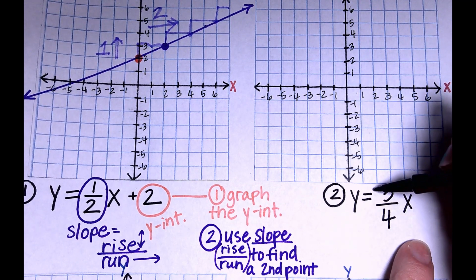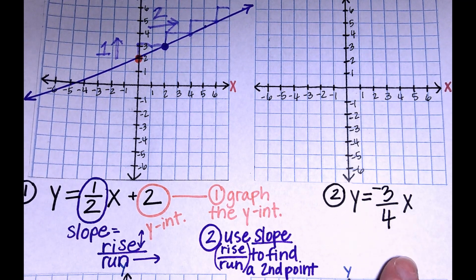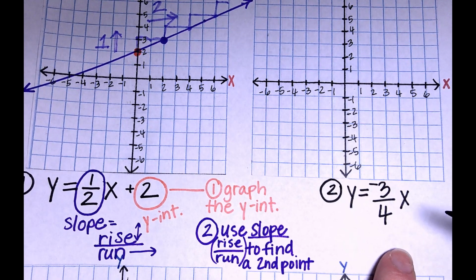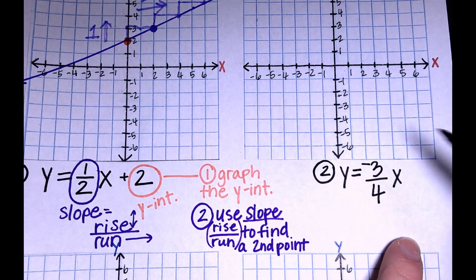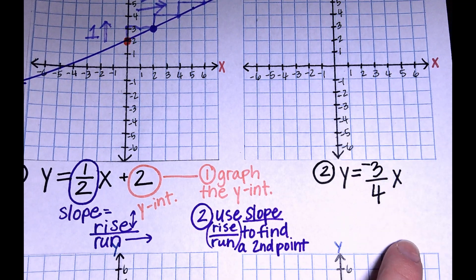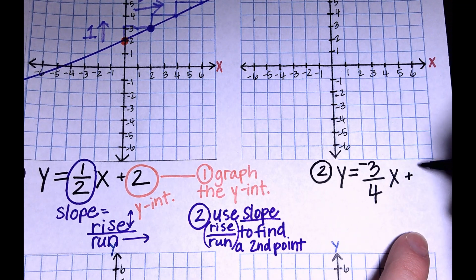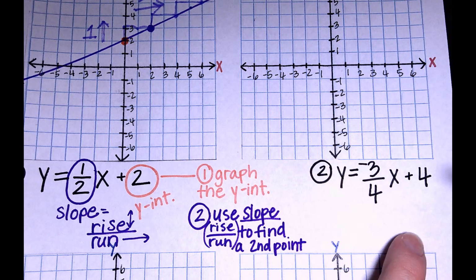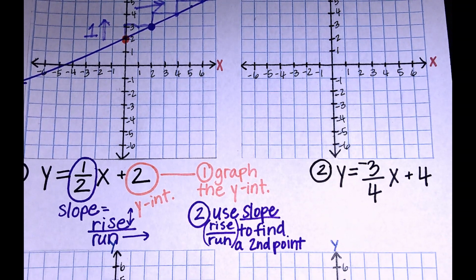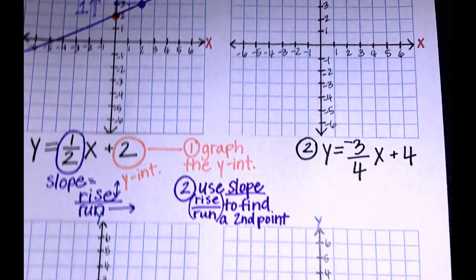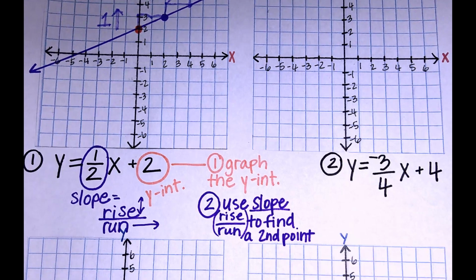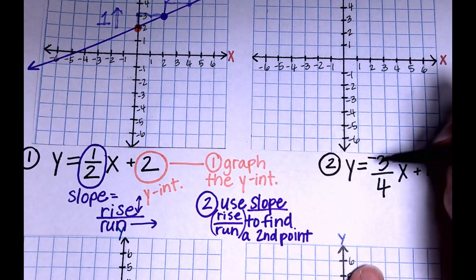And this time let's do negative 3 over 4x. We're going to have a negative number on our slope. Negative 3 over 4x plus 4. So my second line, y equals negative 3 over 4x plus 4.